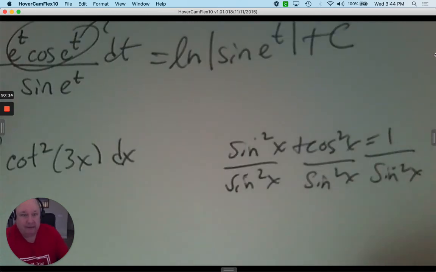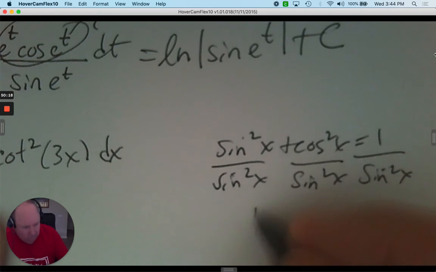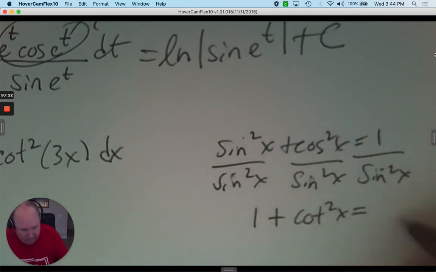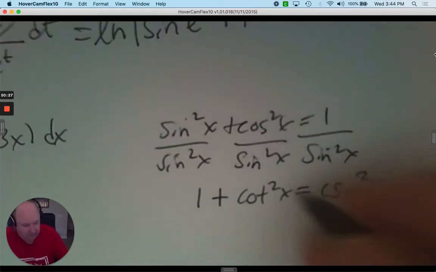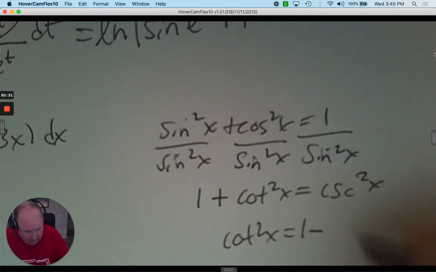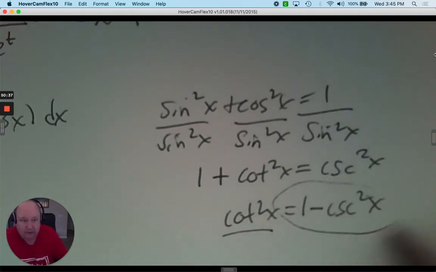By dividing everything by sine, sine squared divided by sine squared, that's 1. Cosine over sine is cotangent. And 1 over sine is cosecant. So cotangent is equal to 1 subtract cosecant squared. So I'm going to do a substitution with cotangent squared with this.